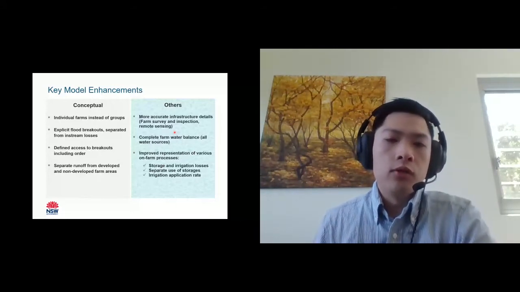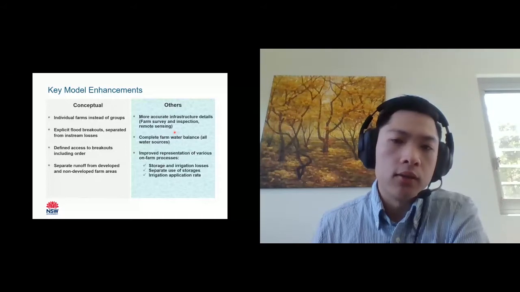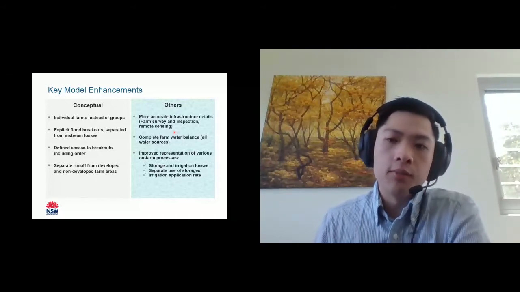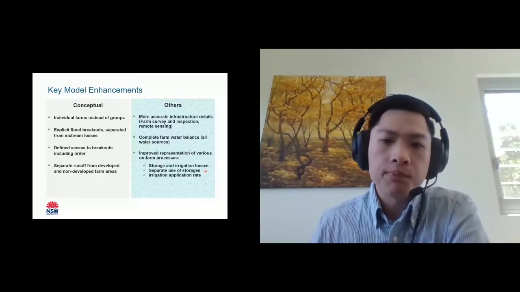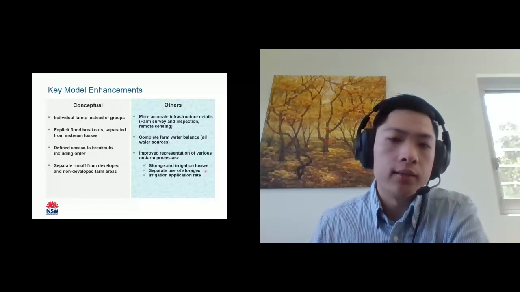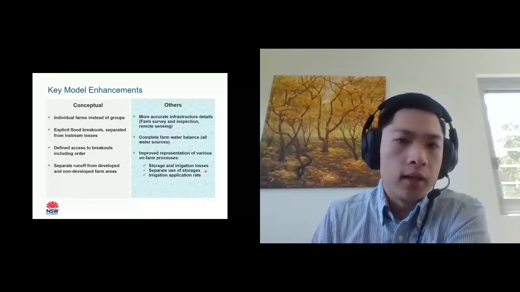We've also improved representations of various on-farm processes itself, so things like storage and irrigation losses, the use of different types of storages, such as permanent storages, surges, temporary storages. And we've also taken a standardized approach to looking at irrigation application rates.